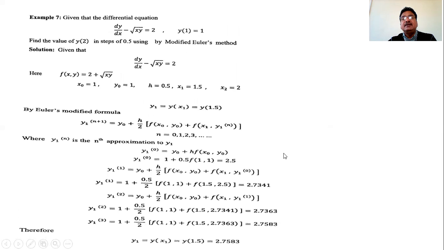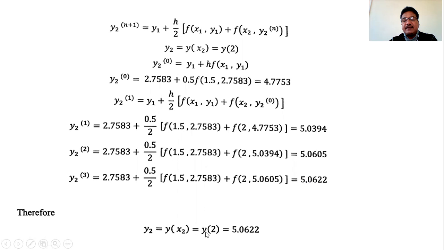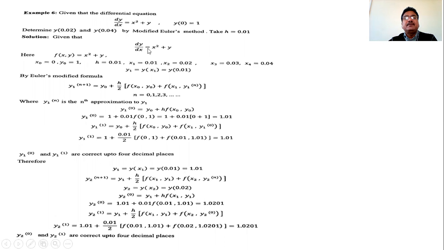So by dividing the interval 1 to 2 into 2 parts, first find the value at 1.5. This y1 is the value at 1.5, and then y2, the value at 2, is 5.0622.